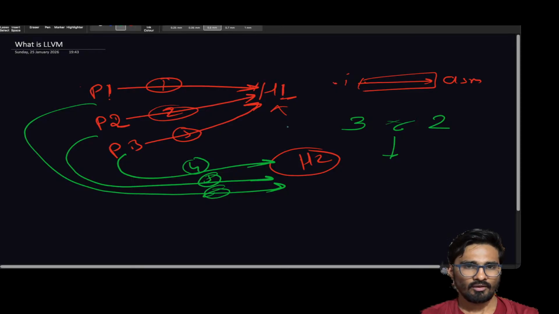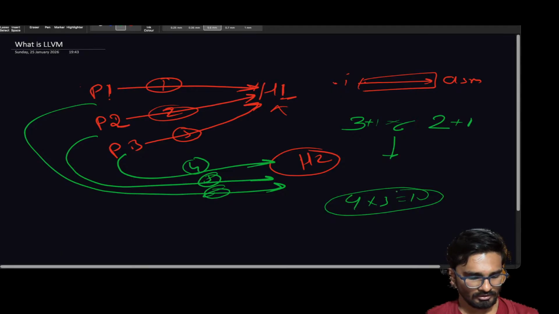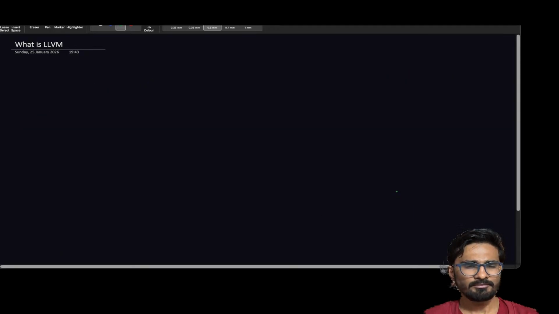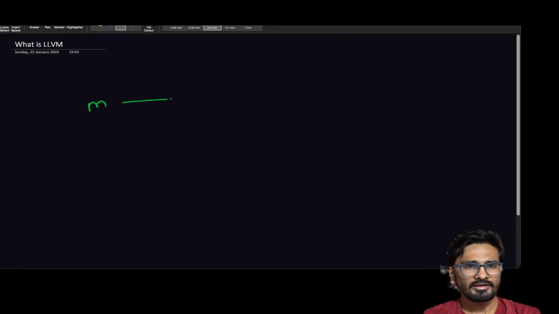If I increase front end by one and hardware by one, back end by one, then how many compilers do we have to write? 4 into 3 is equal to 12. So if you see, in multiple places we are doing redundant work. Maybe the same code I design can be used there. So suppose we have m front ends and n back ends. Then we have to write m cross n compilers.